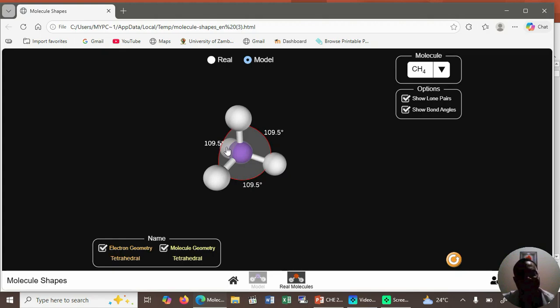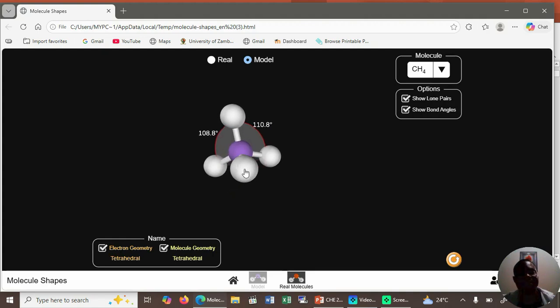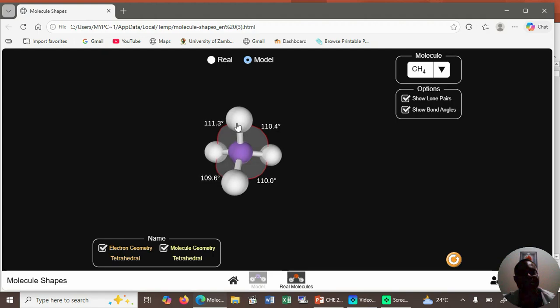Then we have this one projecting towards us. Then this one is in the plane of the computer screen here. We are also shown the bond angles in this molecule.